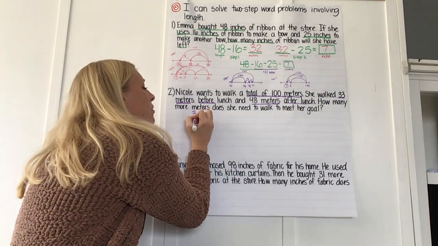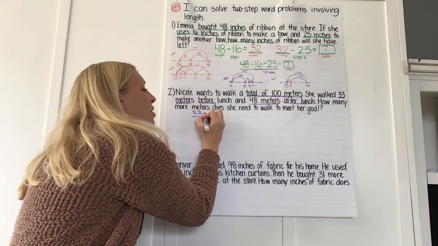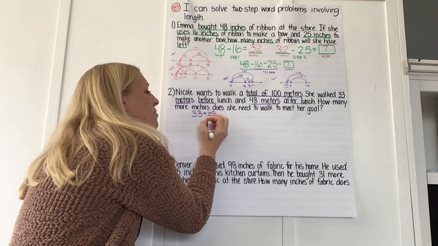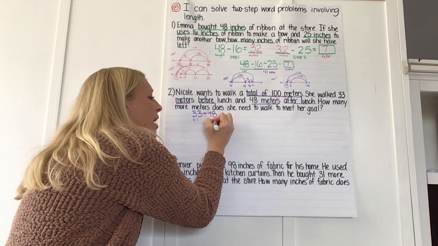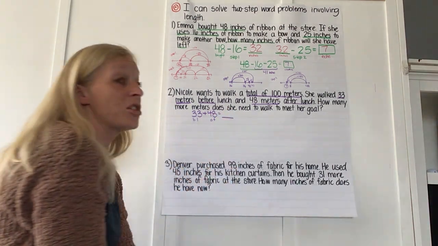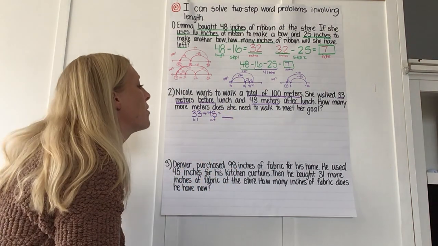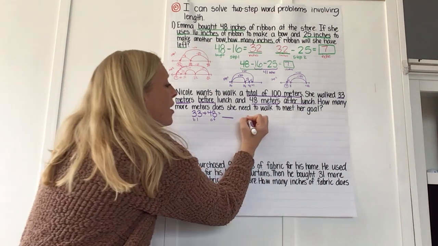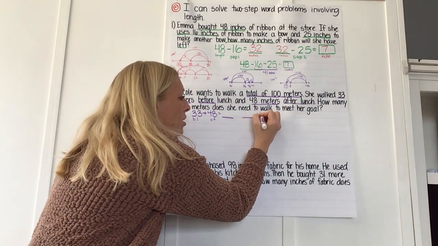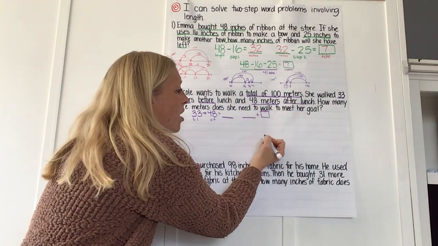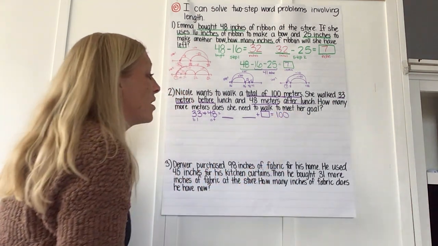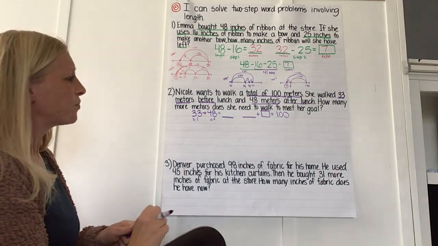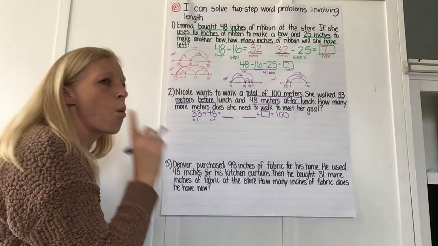Okay, so 33 plus 48, why would that be helpful? Okay, so that's before lunch, after lunch. So how many did she walk? All right, and then we have what she walked to what she still needs to walk to equal what? 100. Ooh. How can we write that into one equation?